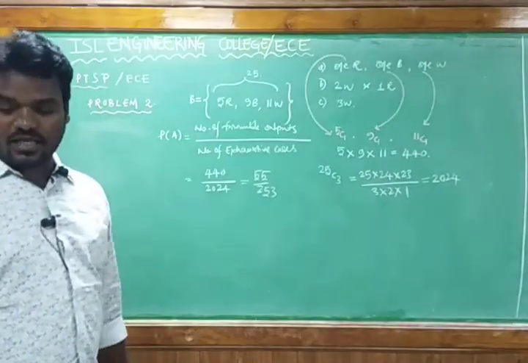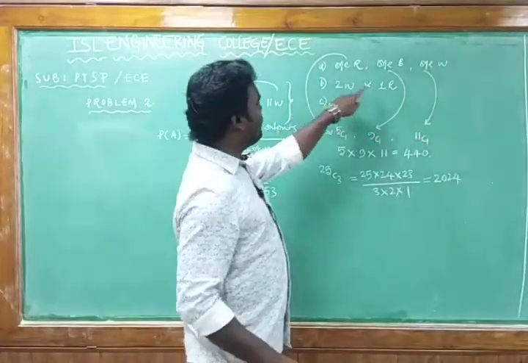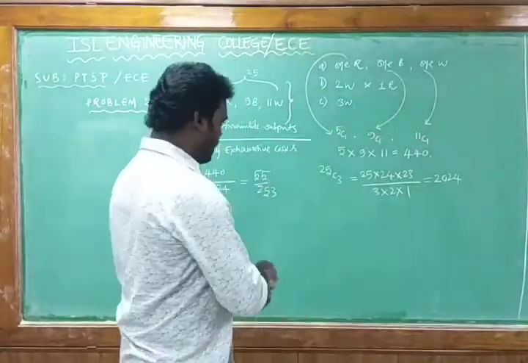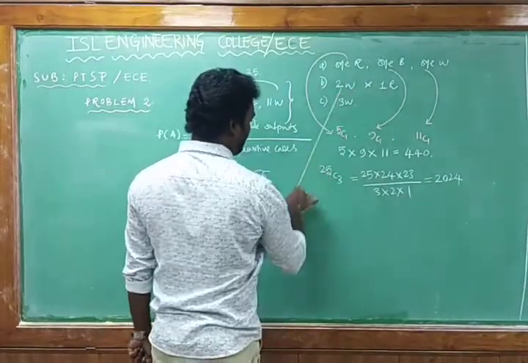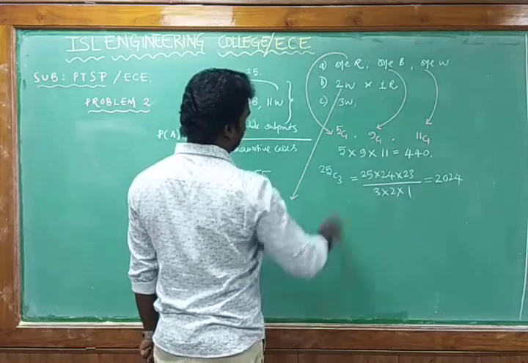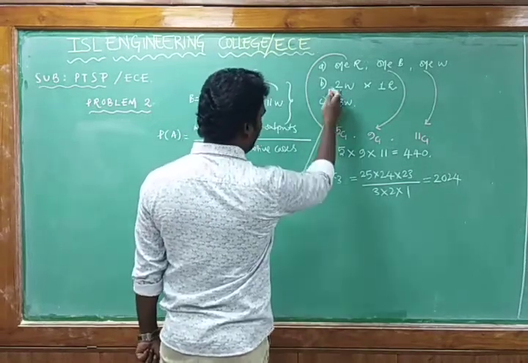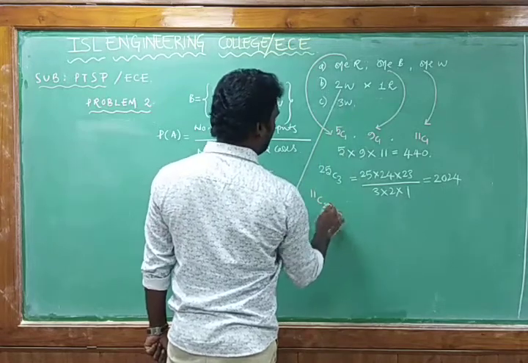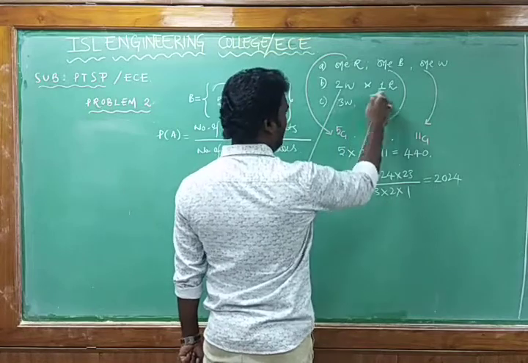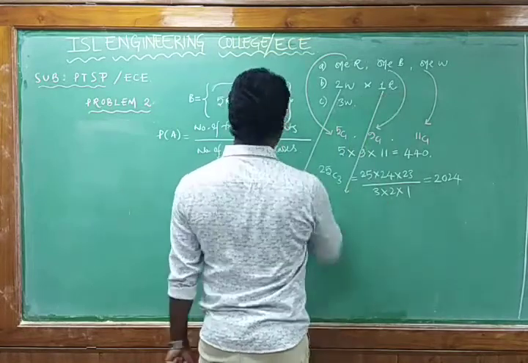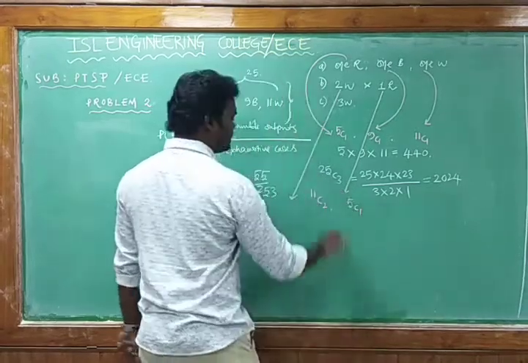The second question is the number of possible cases of getting 2 whites and 1 red. The number of exhaustive cases remains the same. I am going with the 2 whites. The total number of whites is 11, and we require 2 whites only, so 11C2. And for one red, there are 5 red balls, so 5C1.